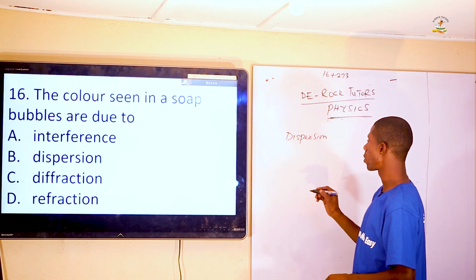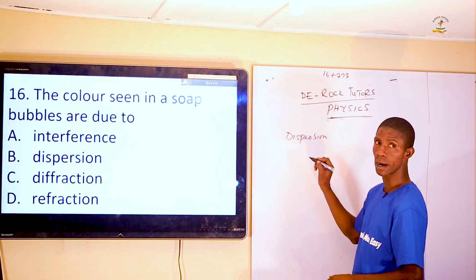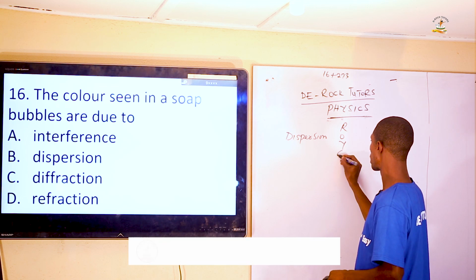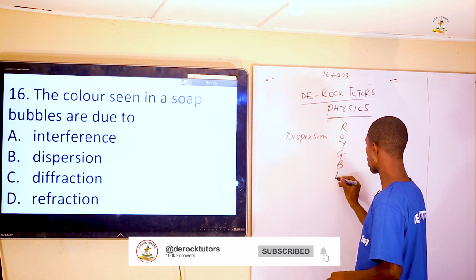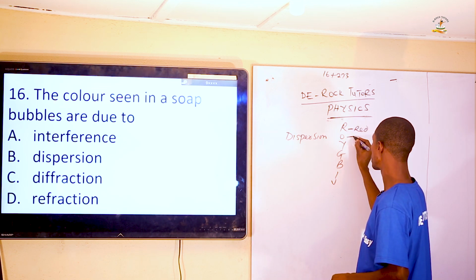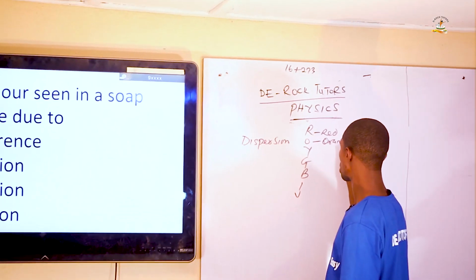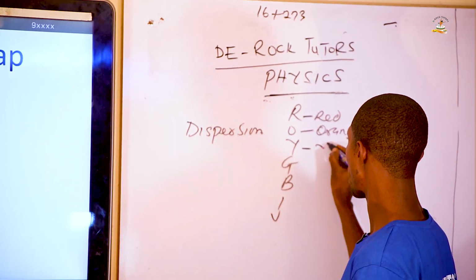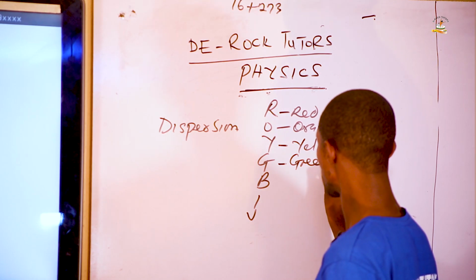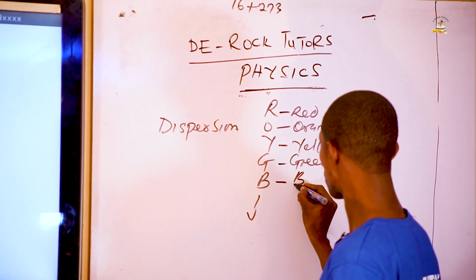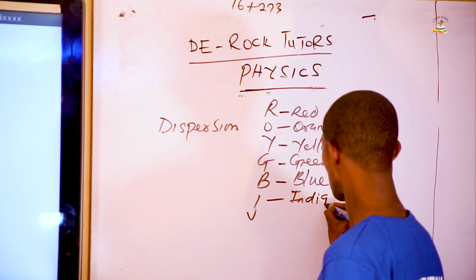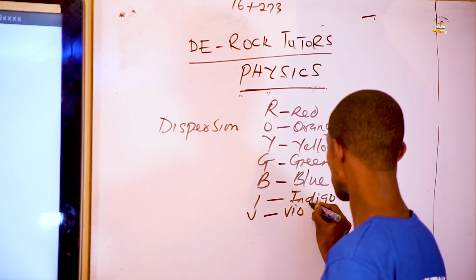And the colors in that scattering of white light follow the formula ROYGBIV, where R stands for red, O for orange, Y for yellow, G for green, B for blue, I for indigo, and V for violet light.